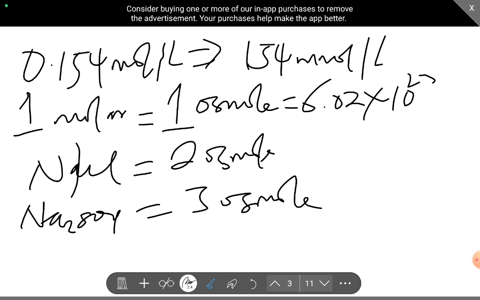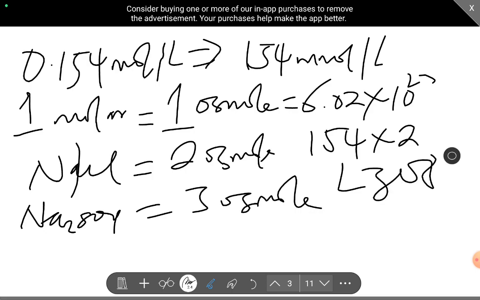So now for you to calculate your precise osmolarity, you multiply 154 by 2, because sodium chloride is 2 osmole. You are going to get something around 308.